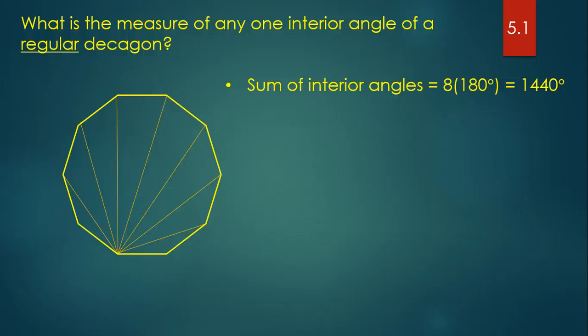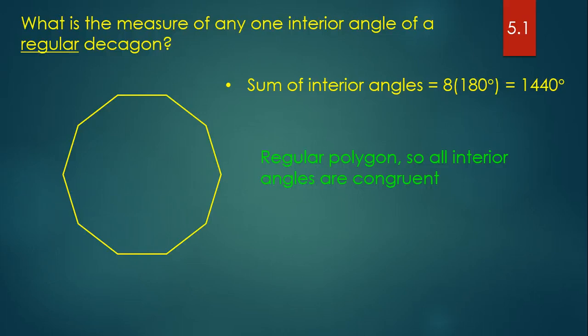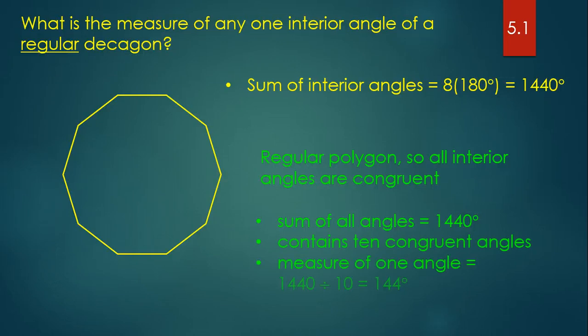We want the measure of any one single interior angle. And since this is a regular decagon, all of the interior angles are congruent. They all add up to 1,440 degrees, and there's 10 of them, so that means each single interior angle has to measure 144 degrees.